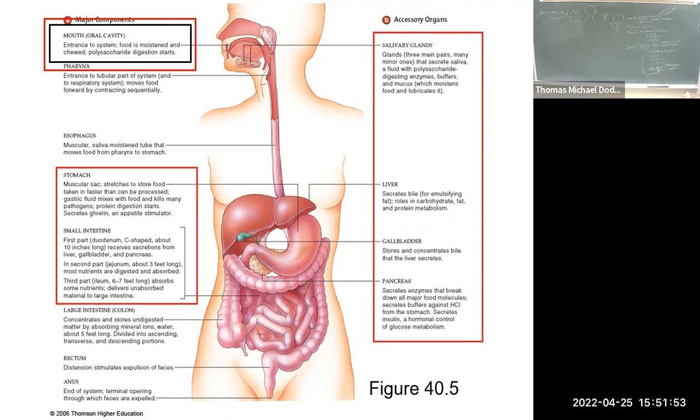Now, where does the bloodstream take these things? And finally gets there. Where do these little bits? So all these lipids, proteins, and carbs that we've broken down into their amino acids and their monosaccharides and their fatty acids and glycerols, where do they go?